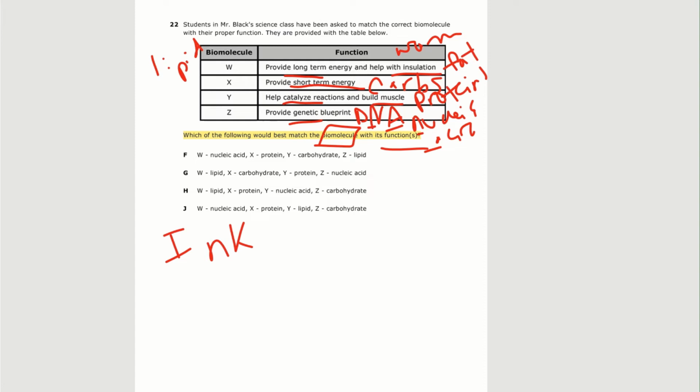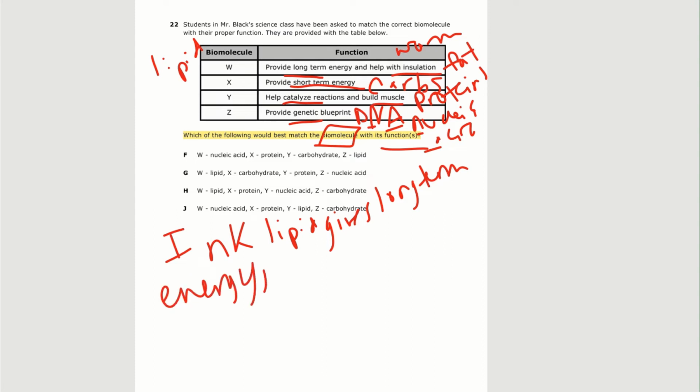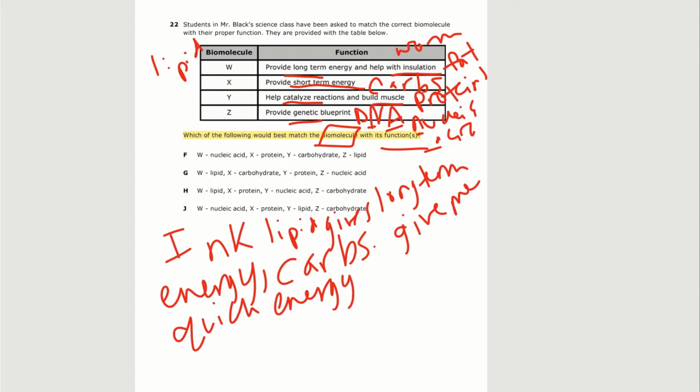Okay, it's going to be kind of long. Lipid, let's do the long term. Long-term energy, right? They keep you warm too. Carbs or carbohydrates give me quick energy. Short term. If I don't eat that though, then it's going to go into my fat. Proteins are enzymes.